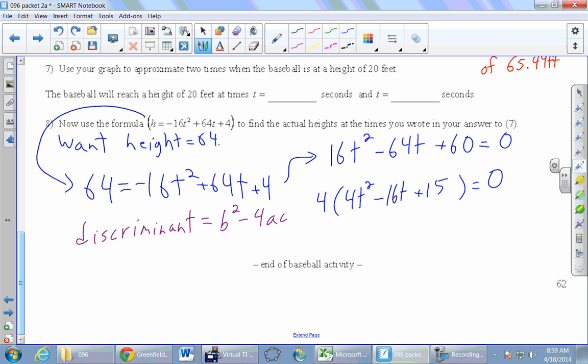So we can do this calculation, and if we end up going the quadratic formula route, then we'll have to do this calculation anyway, so it's not like wasted effort. But this calculation can actually tell you whether or not you should spend any time trying to factor it. Let's give it a shot. B squared, negative 16 squared, minus 4 times A times C, 4, 15.